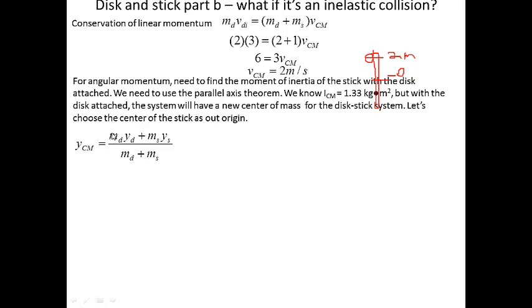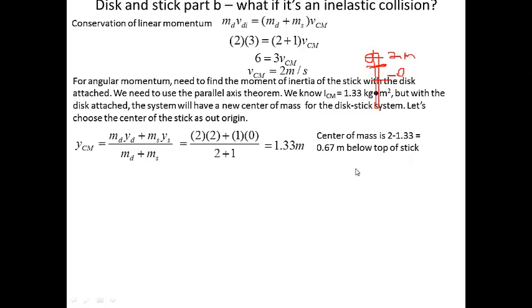So the disk will be located at a location of 2 meters, and then the center of mass of the stick will be located at 0. So the new center of mass will end up being at 1.33, so somewhere around here, which is the same as 0.67 meters below the top of the stick.